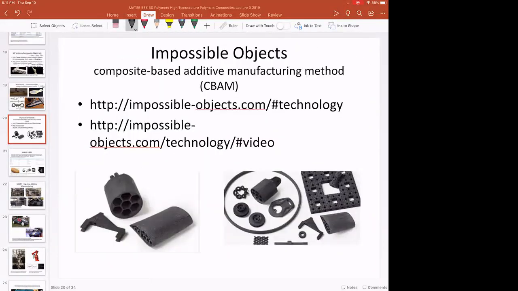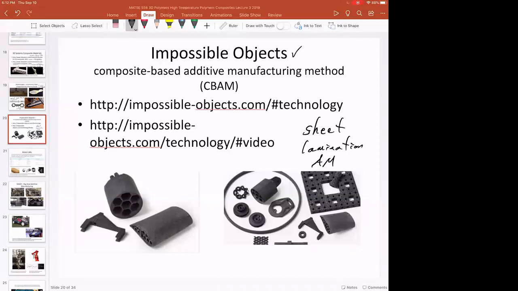And there's one real cool company out there. I think they're still in business, but they're called Impossible Objects. And so they have this process called composite-based additive manufacturing. And so they have a really nice video, and this is sheet lamination AM.